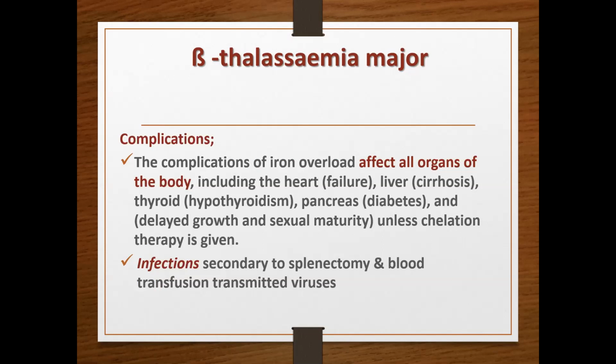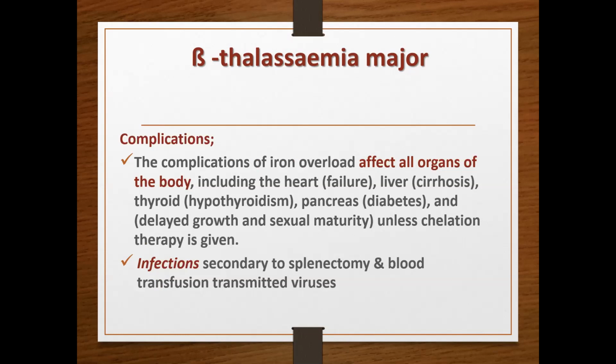The complications of iron overload will affect all organs of the body, including the heart causing heart failure, the liver causing cirrhosis, the thyroid causing hypothyroidism, and the pancreas causing diabetes, also delayed growth and sexual maturity due to deposition of iron in the gonads, unless chelation therapy is given. Secondary to splenectomy, these patients are liable to infection as well as blood transfusion transmitted viruses.